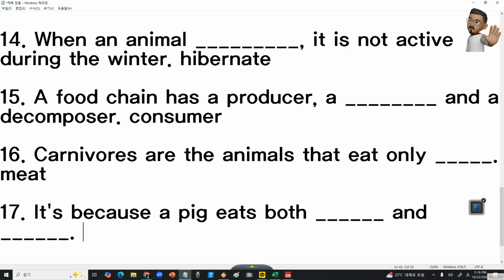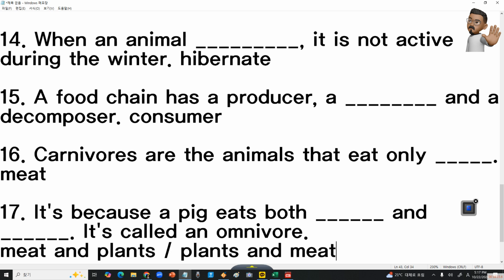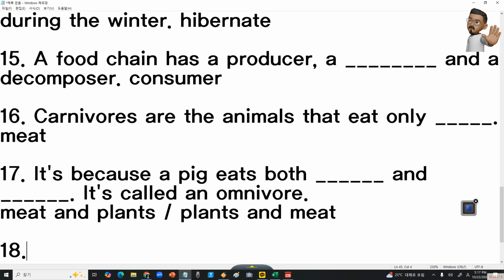So it's called an omnivore. The true answer is meat and plant, or plant and meat. You should add an s, but for now I'll accept both. Okay. Next.